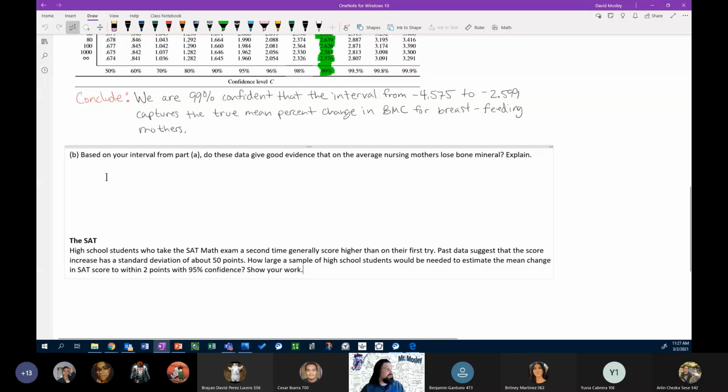Right? And then part B here, right? Based on your interval from part A, do these data give good evidence that on the average, nursing mothers lose bone mineral? Explain. Right. So here's our answer.